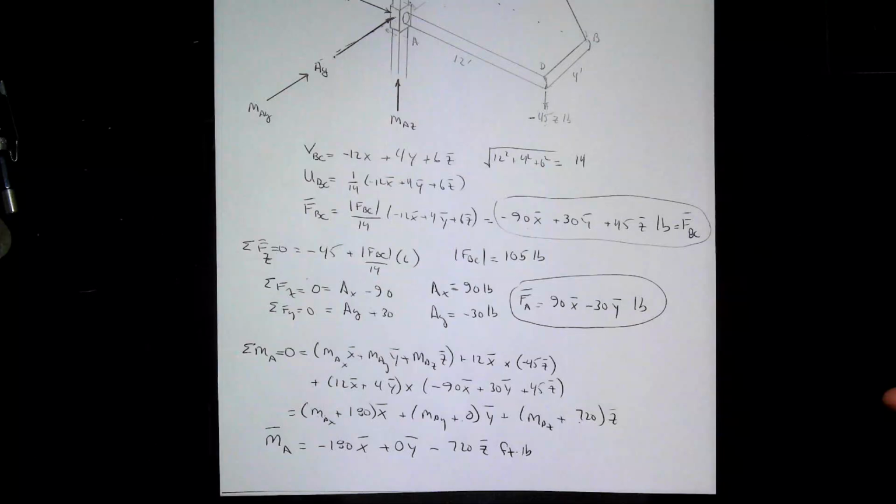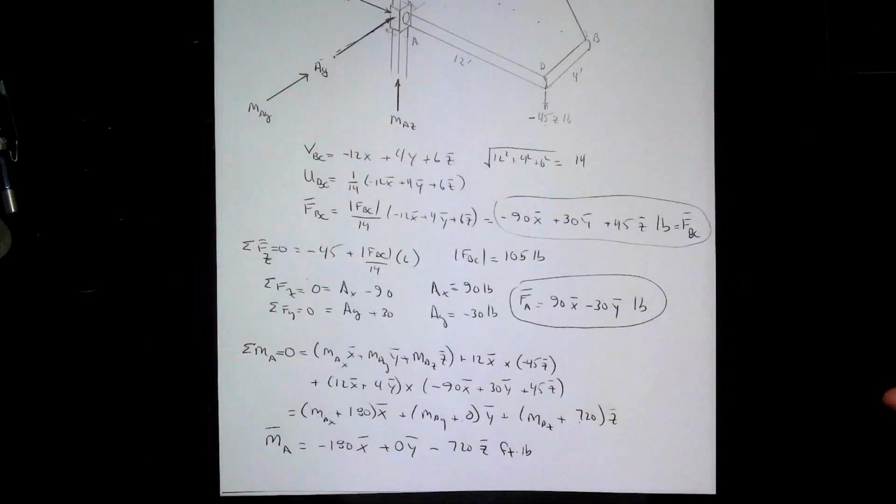That's easy to handle. My next problem, to start setting this problem up, is I need the orientation of this force. It's going from B to C. The easiest way to do that is to start with a vector. I'll call it VBC.